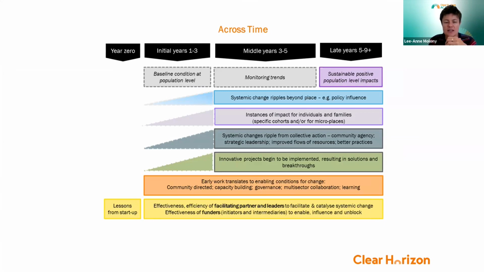But this is another way of thinking about it, where we're working from, say, the start of the program, year 0, right through to, say, 9 or 10 years, and we expect to see certain changes coming online at certain times. So obviously at the start and right throughout your program, there's going to be work being done at that lower level, the foundational work.